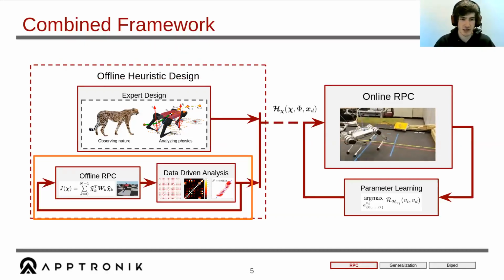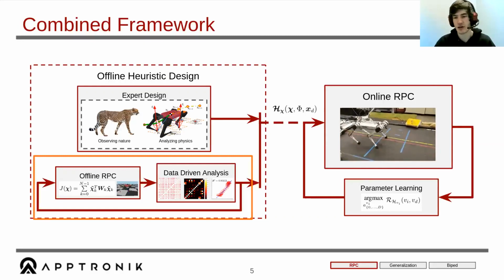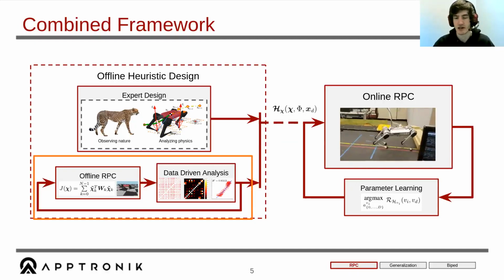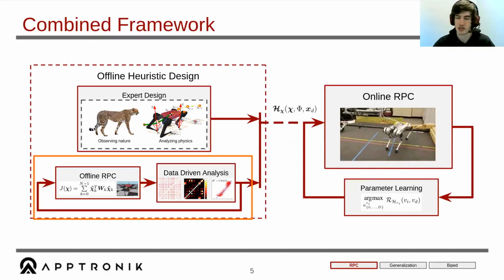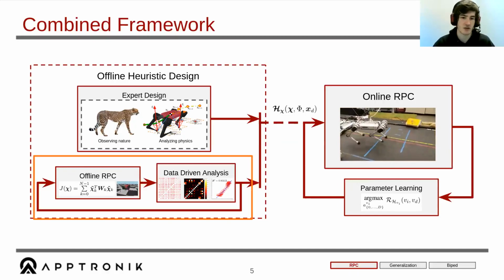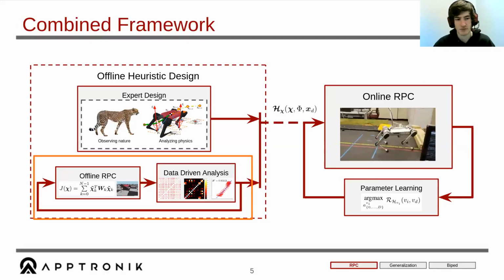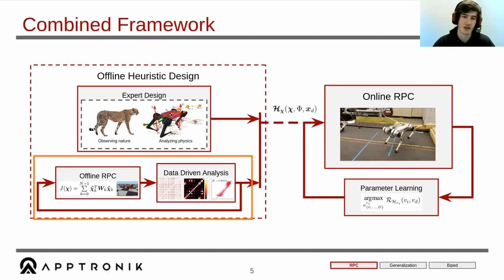The next one is offline learning, where you're able to completely explore your cost space or put yourself in situations that you can't on a real robot online, such as slowing down time and allowing your optimization to take as long as it wants. Then you take that data and do some kind of data-driven analysis, whether it be reinforcement learning, statistical learning, or any kind of inference technique. And you can join those two together to put them on the robot.